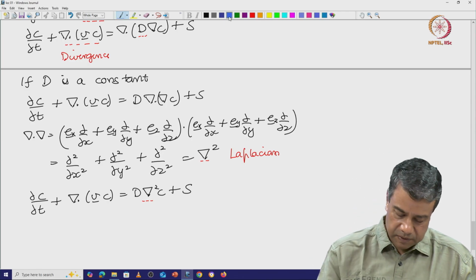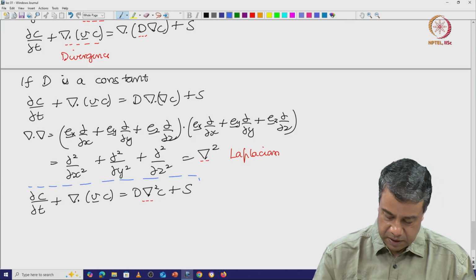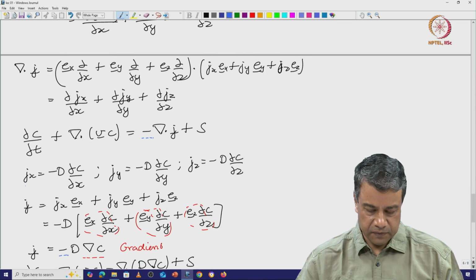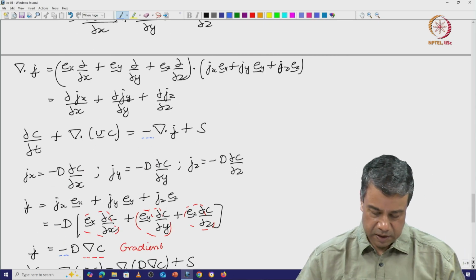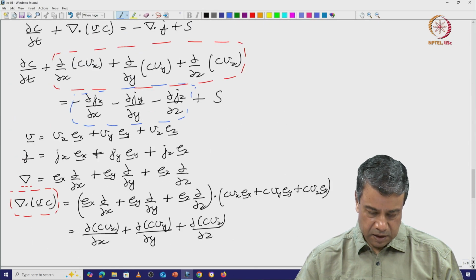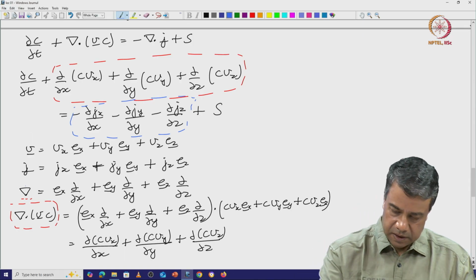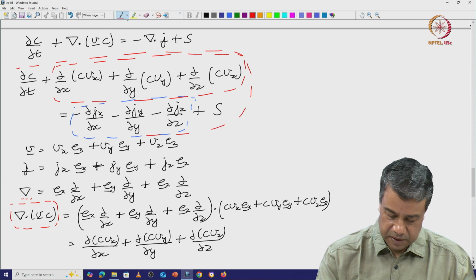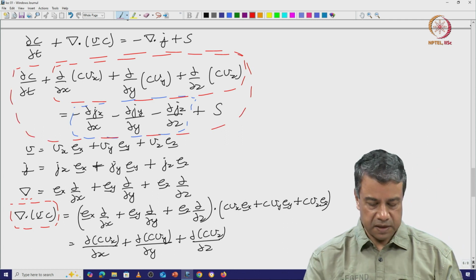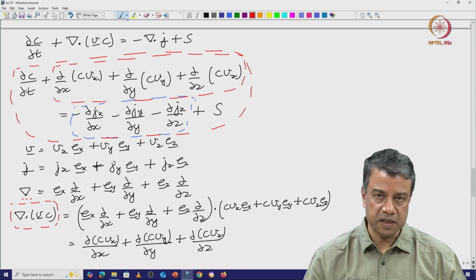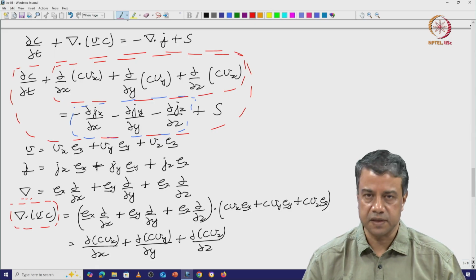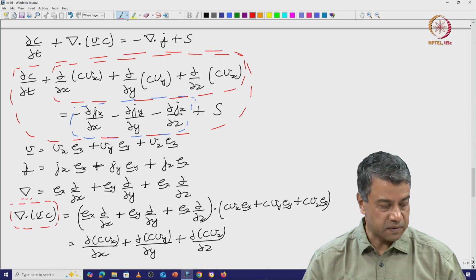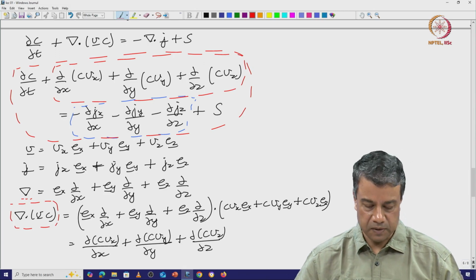So, this is the form of the conservation equation in vector notation, and we had also written the form of the conservation equation in terms of components over here. This form in terms of components is specific to a Cartesian coordinate system, because we have the components in terms of Cartesian coordinates.